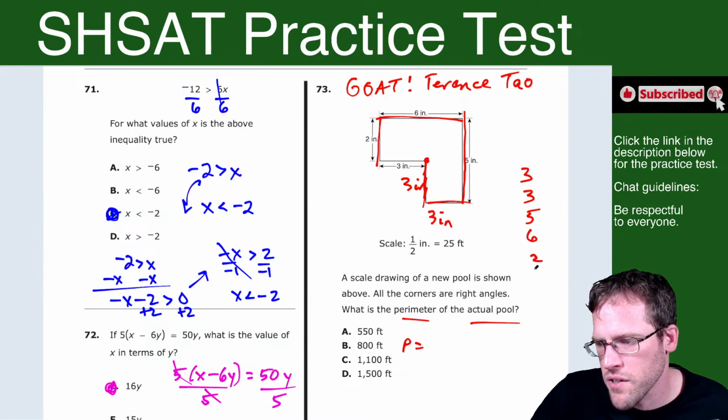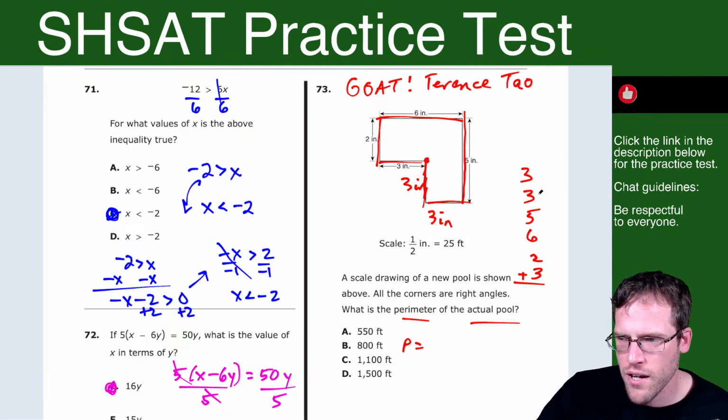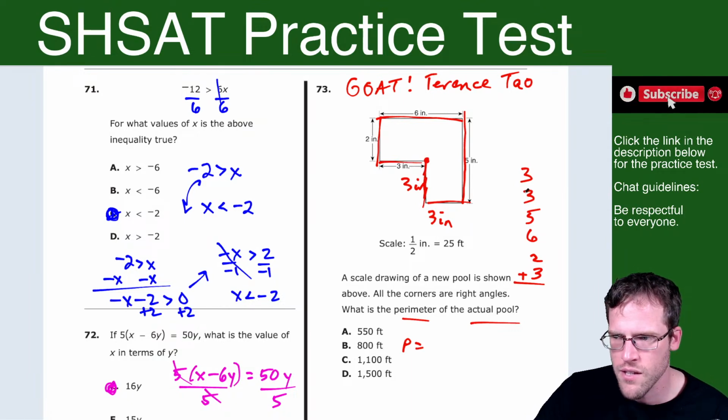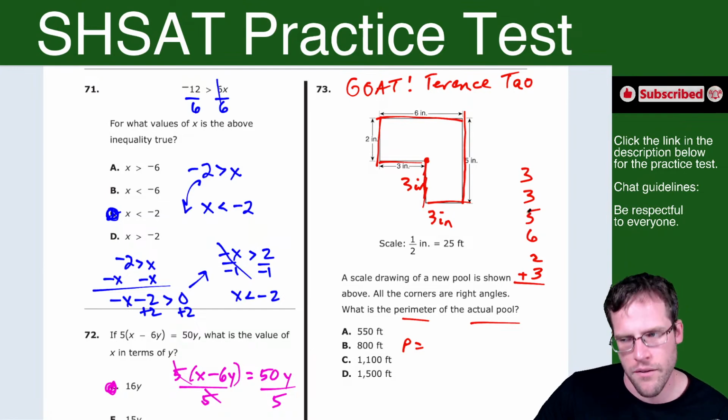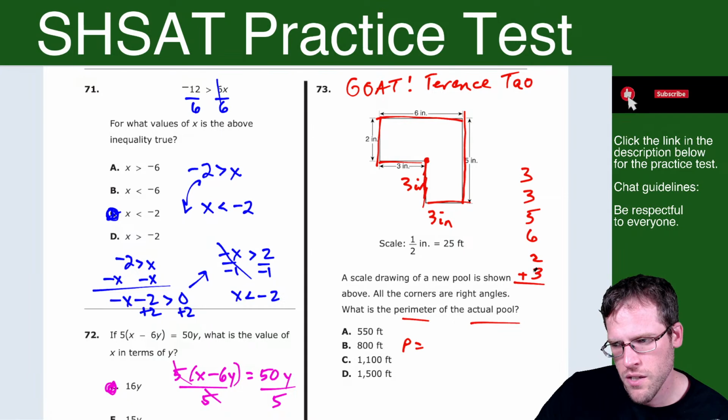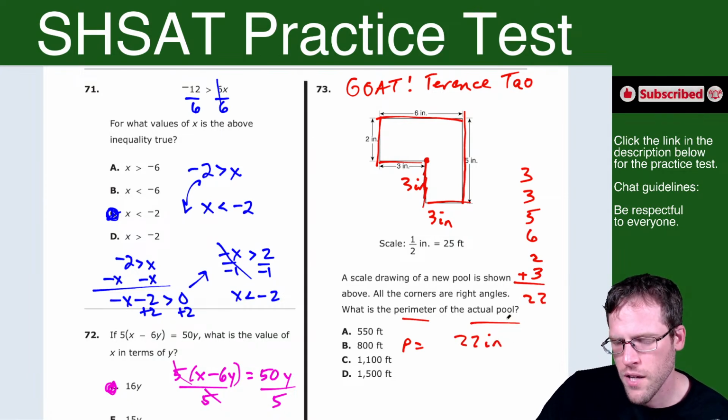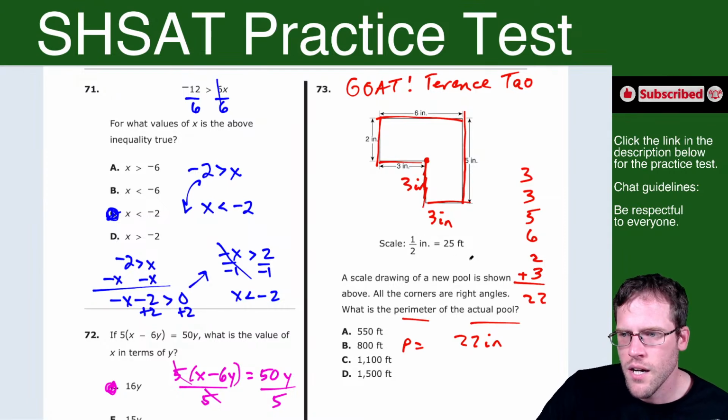So I got an extra 3 I have to add. Yeah, I try to trace it as I go so I don't lose track, especially as you get older, you start forgetting things. 6 plus 5 is 11. Plus 6 is 17. Plus 3 is 20. So 22. 22 inches.